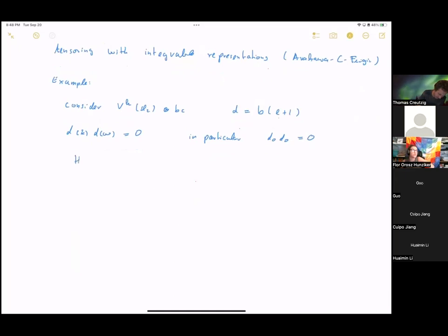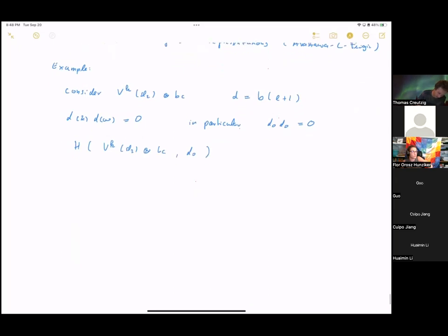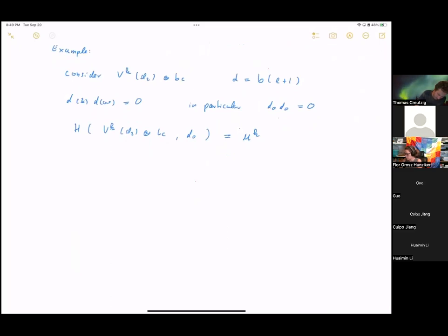Anyway, if you have this, you have a complex, your VOA times the ghosts, the fermions, and you have a differential, so you can take the kernel of this modulo the image, and it turns out in this case, this is just the universal Virasoro algebra at the same central charge that I always write down, 13 minus 6 times the shifted level minus 6 divided by the shifted level, shifted by the dual Coxeter number.